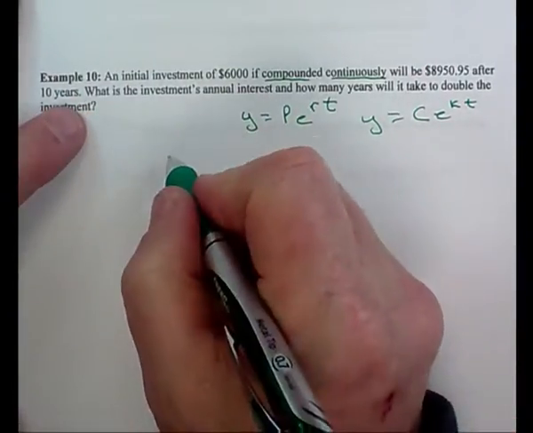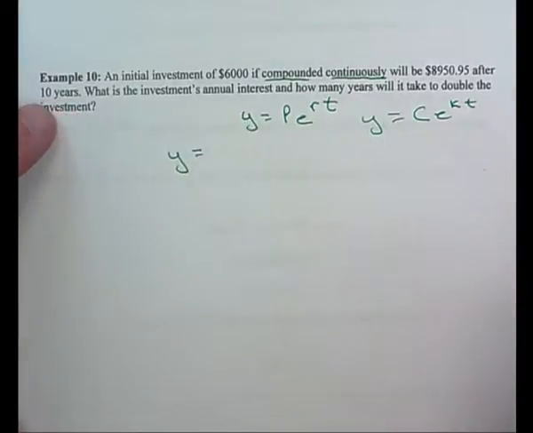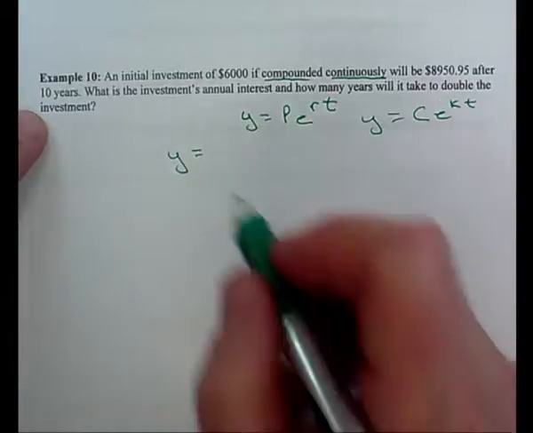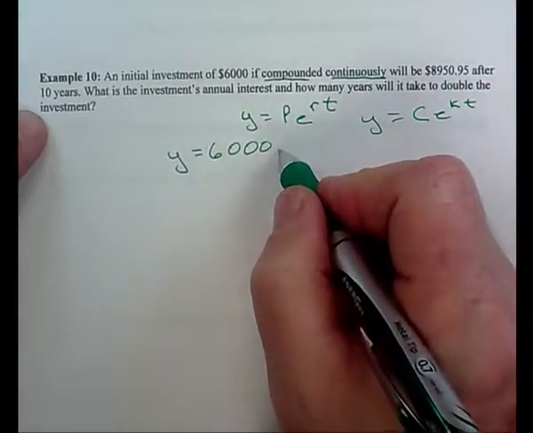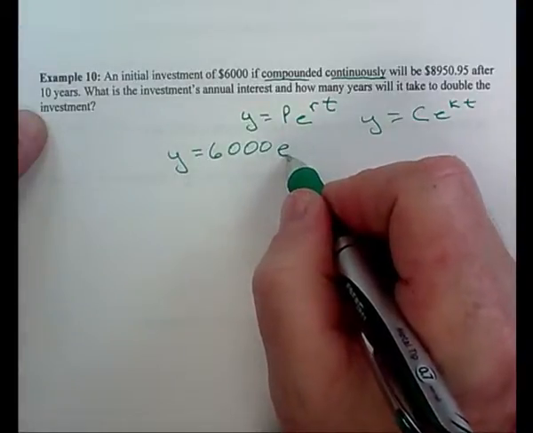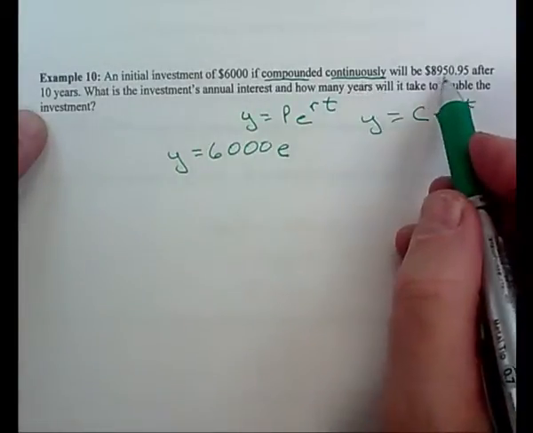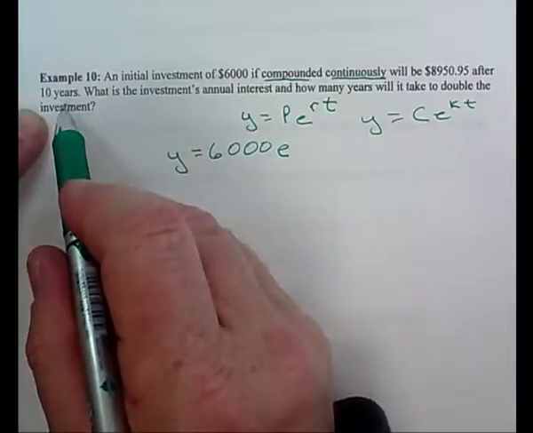So let's go over here. Fill this out for me, Ryan. Y equals 6,000 e. Yep. Initial investment continuously will be this after this many years.